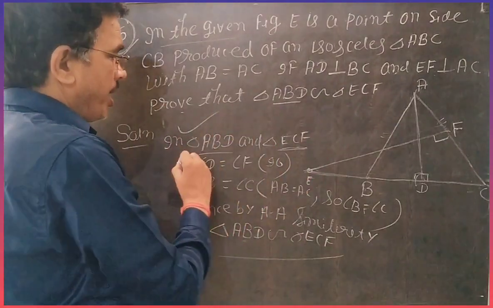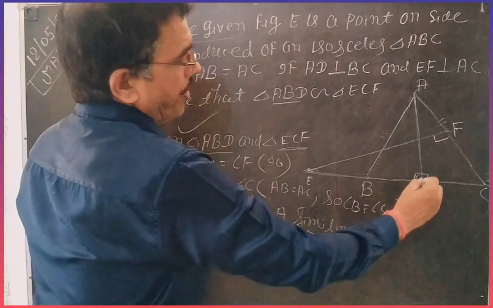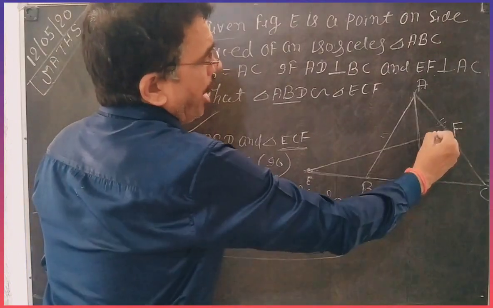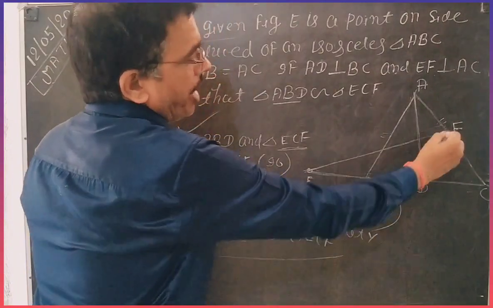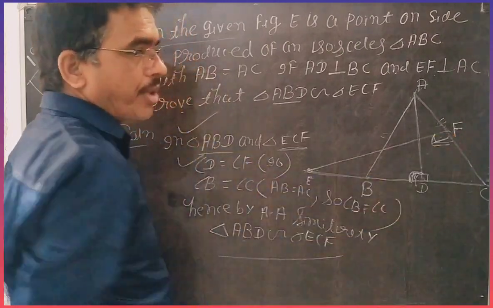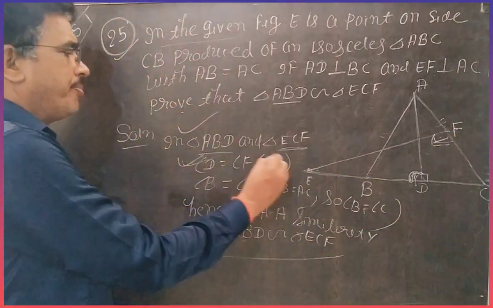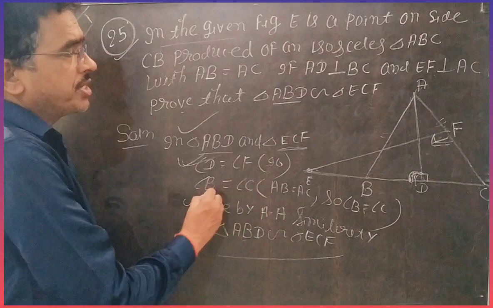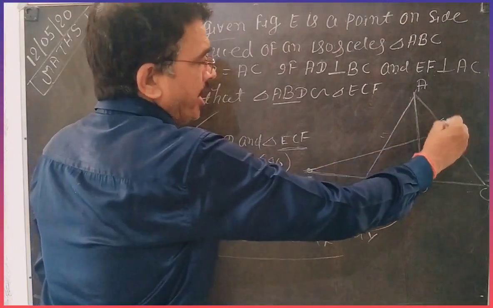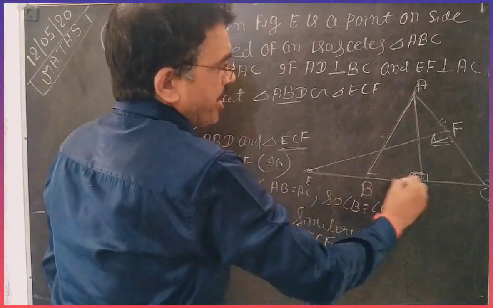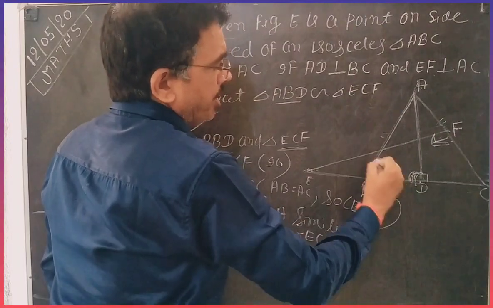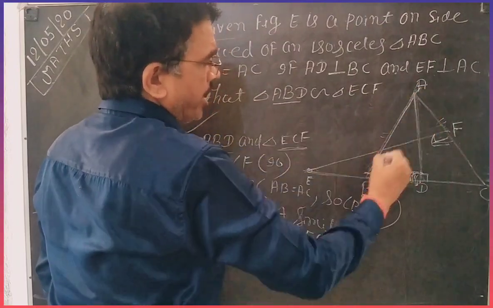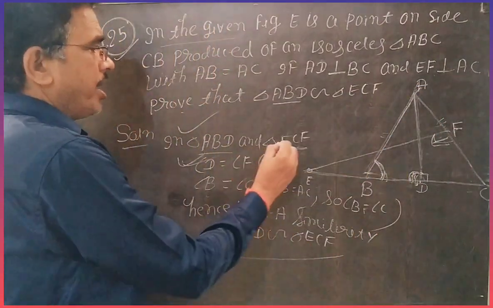What is equal here? Angle D is equal to angle F. Here angle D is 90 and here F is also 90. So you write angle D is equal to angle F, both are 90. And angle B is equal to angle C. Angle B is in triangle ABD, and angle C is in triangle ECF.